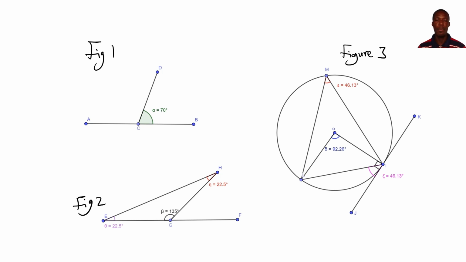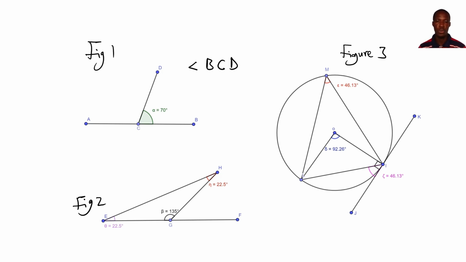If I am going to make an anti-clockwise movement, then I'm going to look at line BC first and then move anti-clockwise to the line CD. And so this angle will be angle BCD. Try and name the other angles that you see.